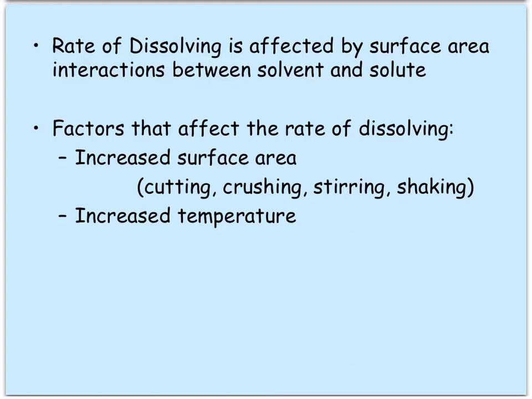Increasing temperature can also cause something to dissolve more quickly because the added energy energizes those interactions between the solute and solvent particles. We demonstrated that one time in class with some green food coloring and hot and cold water. In the hot water, the green food coloring dispersed quickly. In the cold water, it did not. It's the same when mixing a solution.